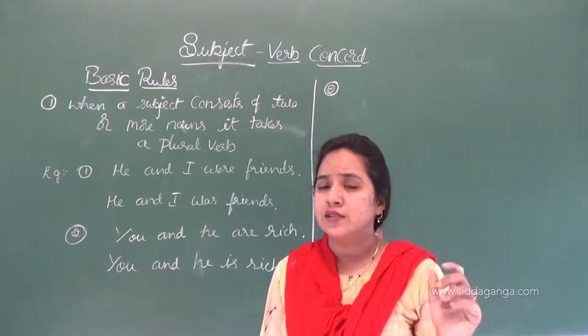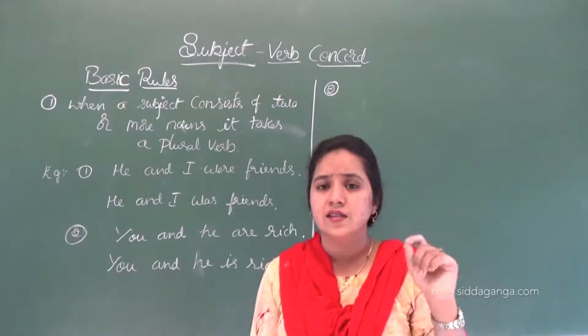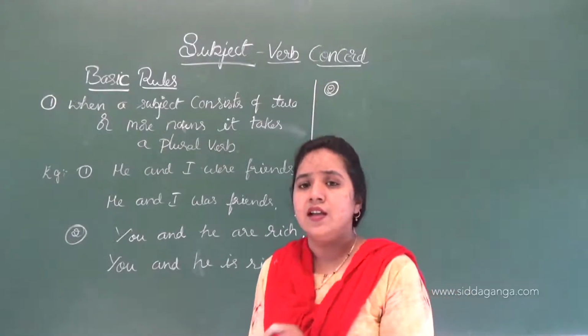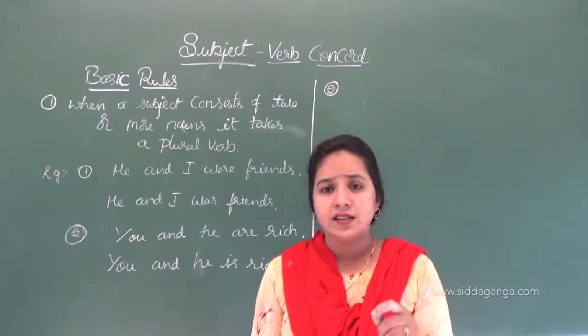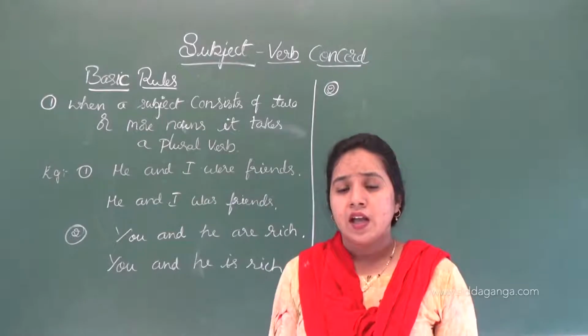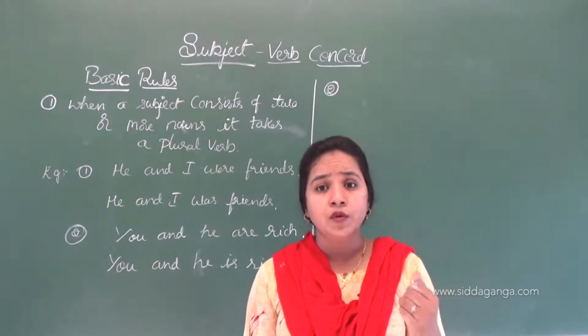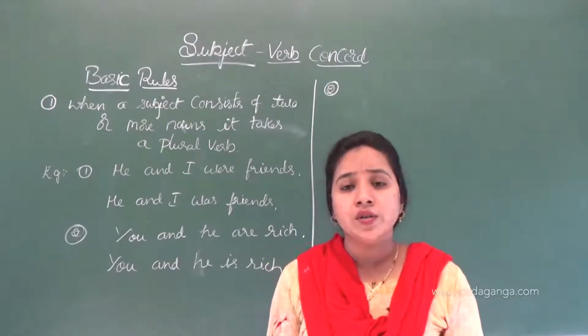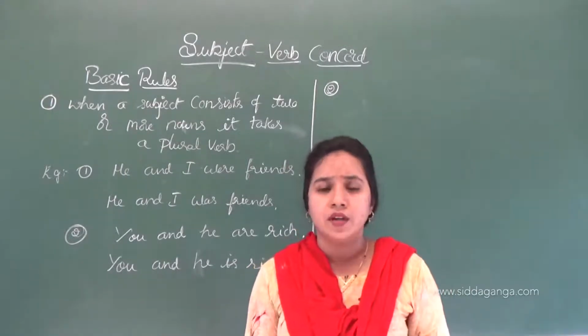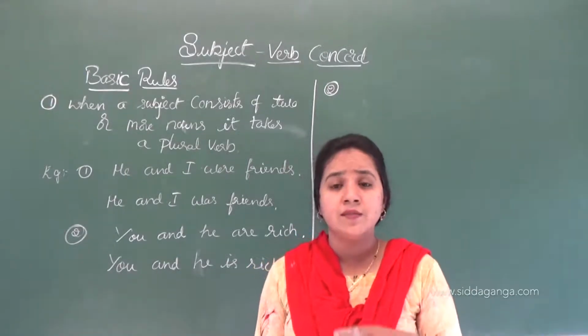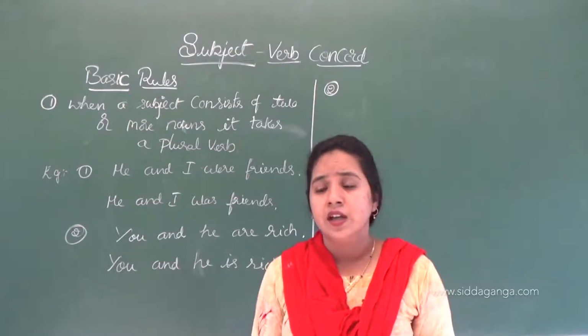But certain words, sentences and nouns present in English grammar are difficult to identify, whether it is singular or plural, or whether the verb is singular or plural, or which verb we are going to use. So some confusions and doubts arise.